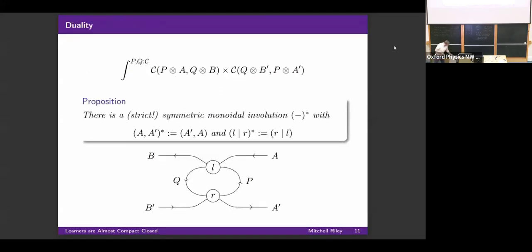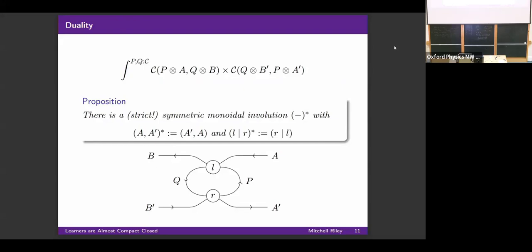Now, right. There's something cool that comes into view just because we've got this new incredibly symmetric formulation of learners, which is that there's a strict symmetric monoidal involution from the category of learners to itself. So from Learn op to Learn, where we just take any object and we flip the two sides, and we take any map and flip their roles in the learner.